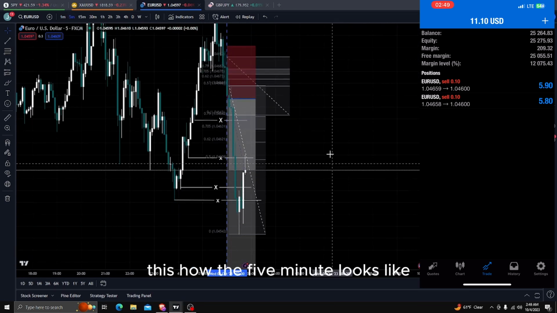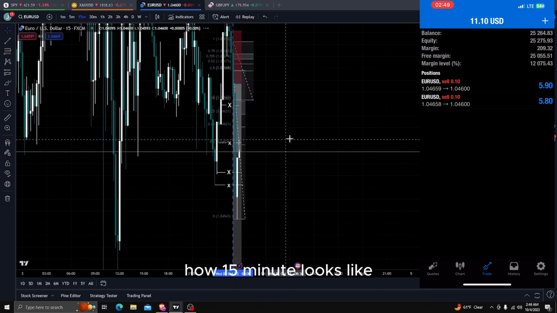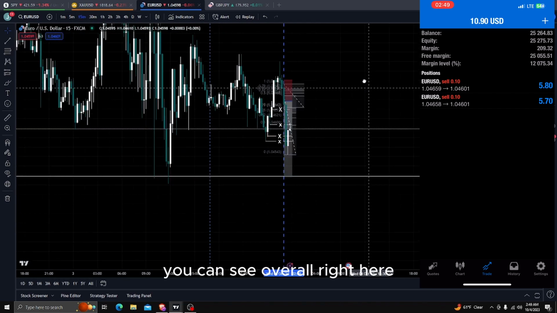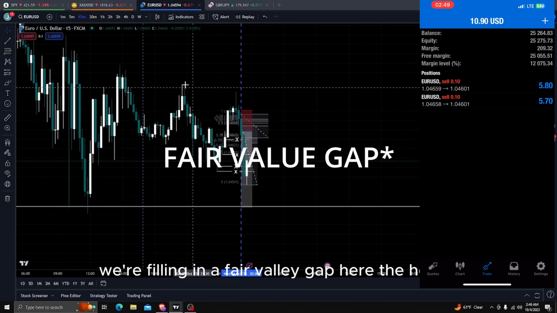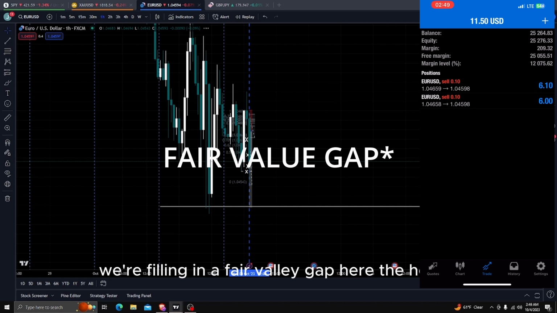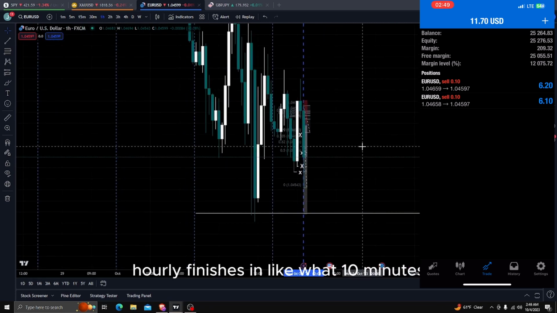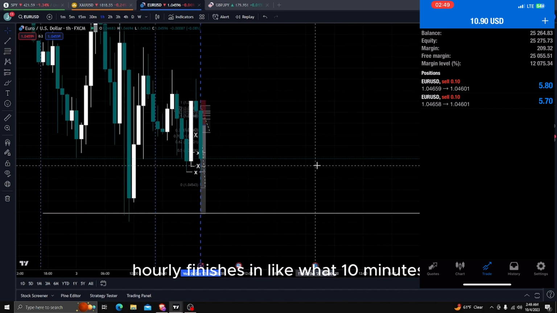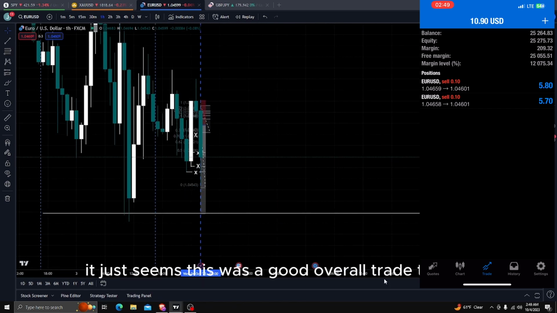This is a 5 minute. This is how the 5 minute looks. How a 15 minute looks. You could see overall right here, it looks like we're filling in a fair value gap. The hourly finishes in like, what, 10 minutes. Yeah, overall it just seems this was a good trade to take.